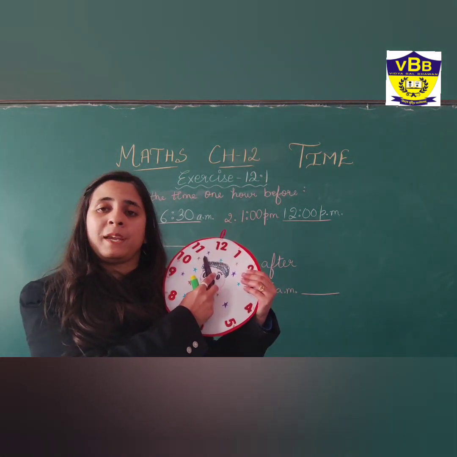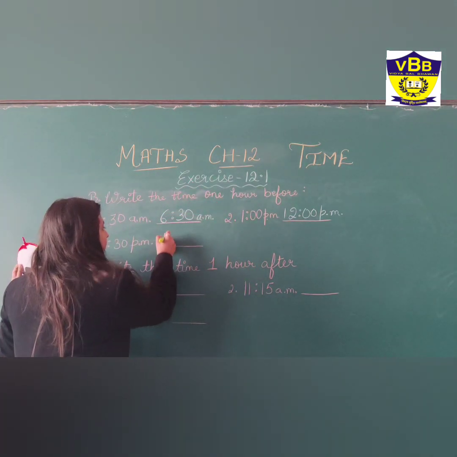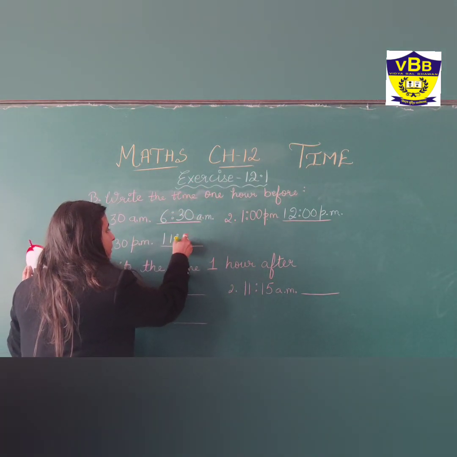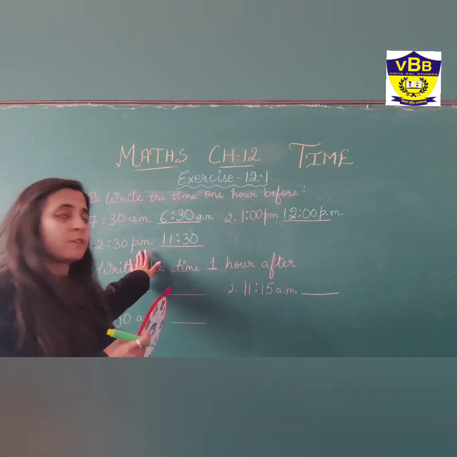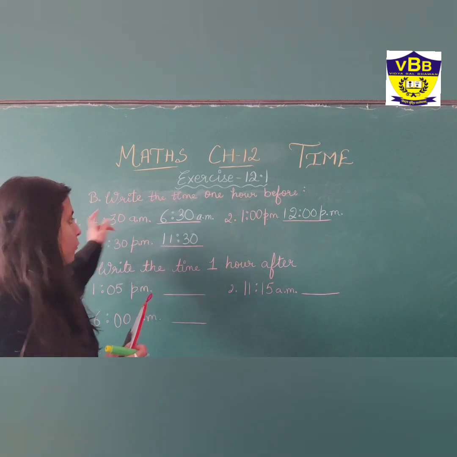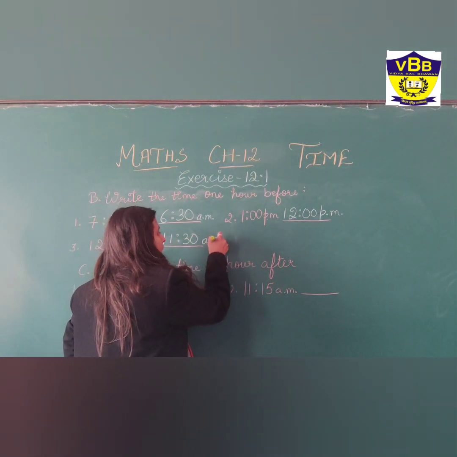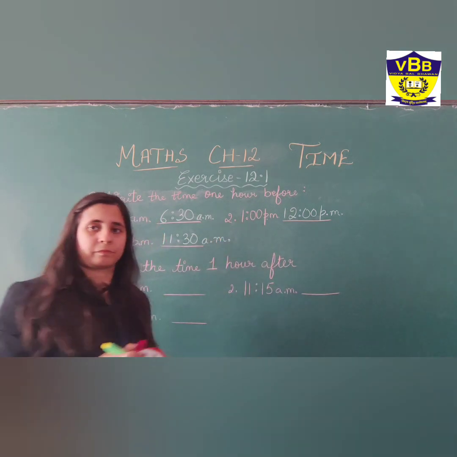So the time will be 11:30. Whether it will be AM or PM: the PM starts from 12 noon, right? So before 12 noon it will be AM. Here it will be 11:30 AM.